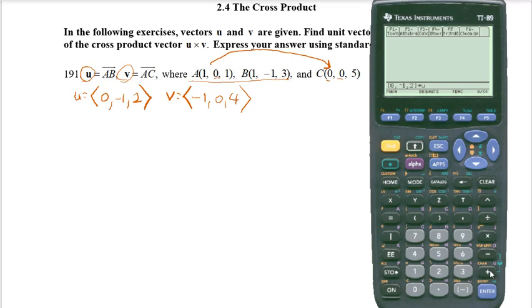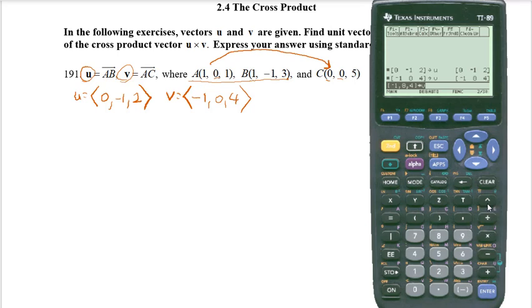So now we have that as our vector u. We do the same thing for v, bracket, negative 1, 0, 4, close bracket, store alpha v. So there are our two vectors.